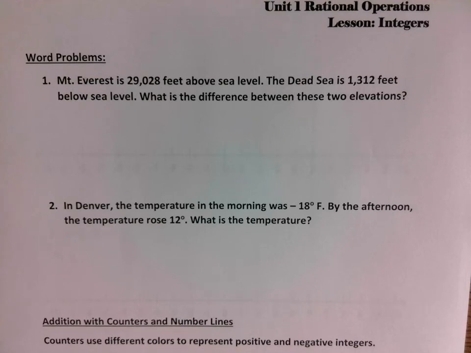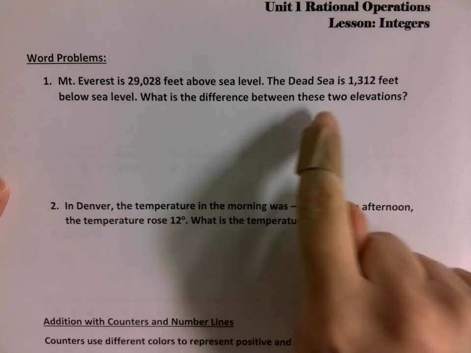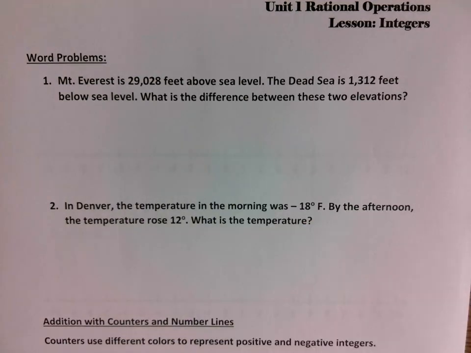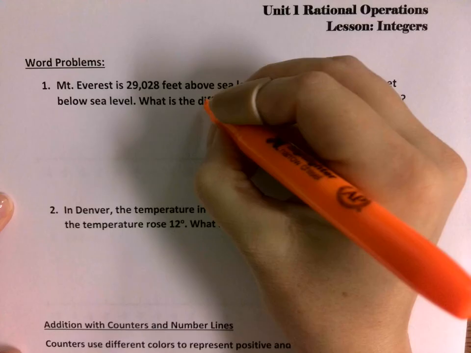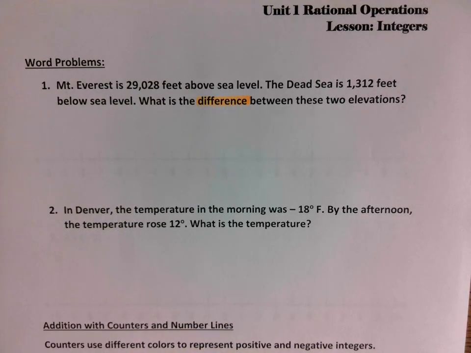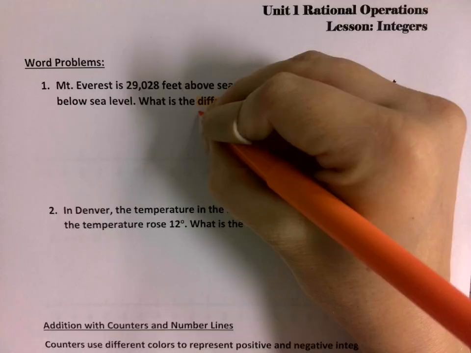So keyword here first. Who can tell me what does the word difference mean? What operation is the word difference? Vincent? Okay. What operation is it? Subtraction. So the word difference means that we are going to go ahead and subtract the two elevations.